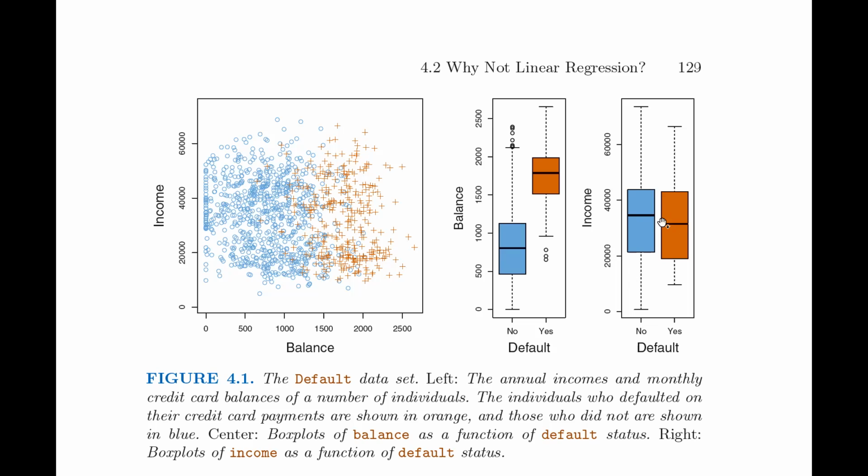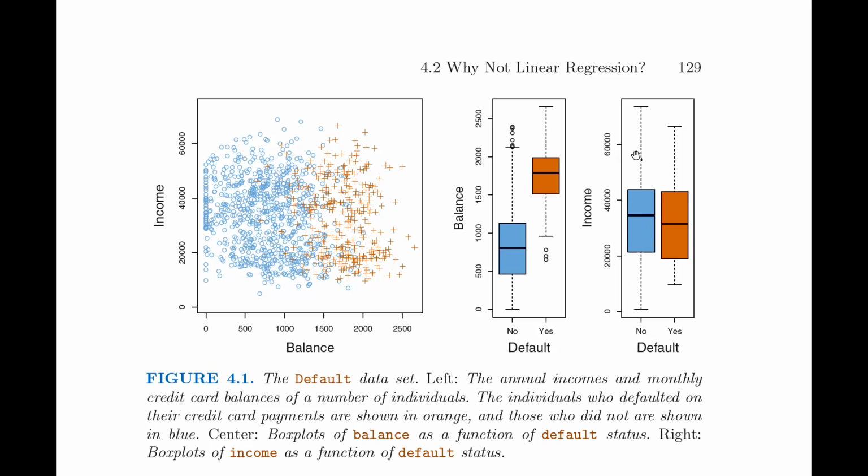Now, the closer these medians are, you would intuitively think that maybe income doesn't really help explain or predict whether a person is going to default or not. Let's see if it makes sense.